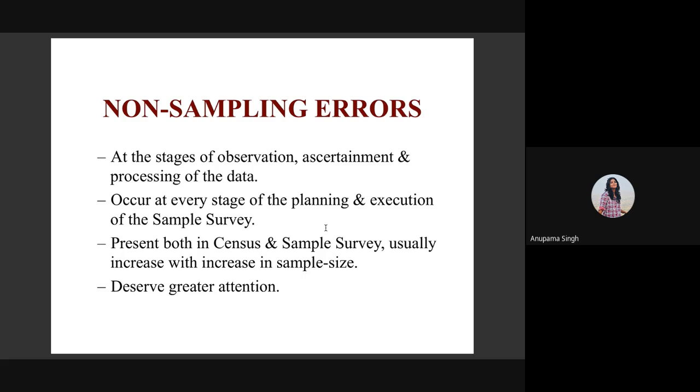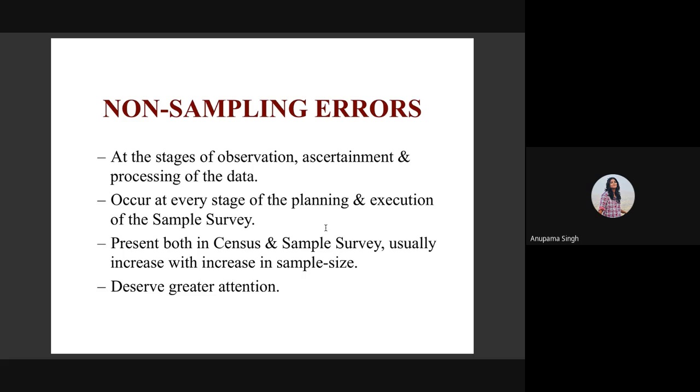Now, non-sampling errors are more serious, because they happen because of the interviewer, right? If some individual is giving you wrong information, or some interviewer is recording the wrong information, in both cases you are getting wrong information.